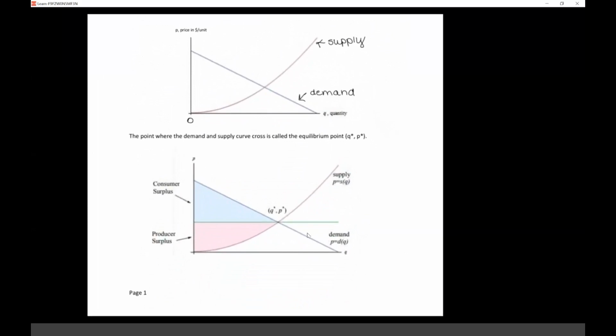And so let's take a look at this concept called the equilibrium point. The point at which the supply and the demand curves cross is called your equilibrium point, right here. Usually the quantity Q star is called your equilibrium quantity, and P star is your equilibrium price.